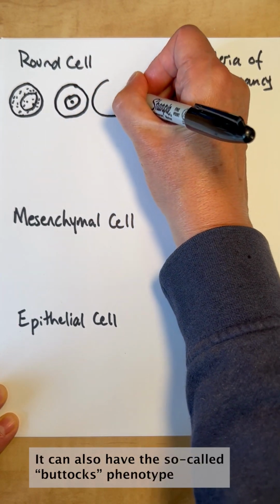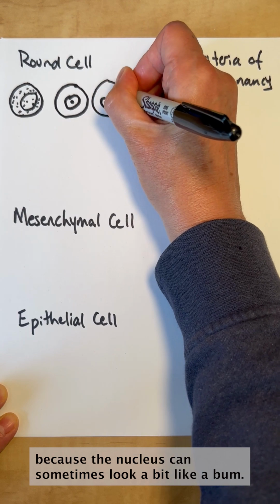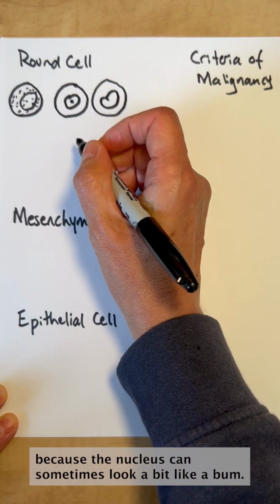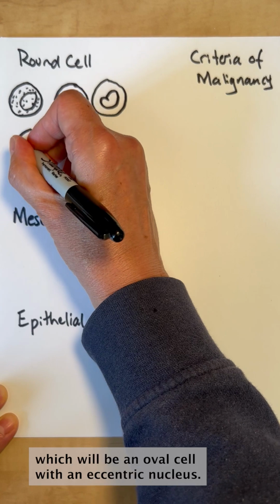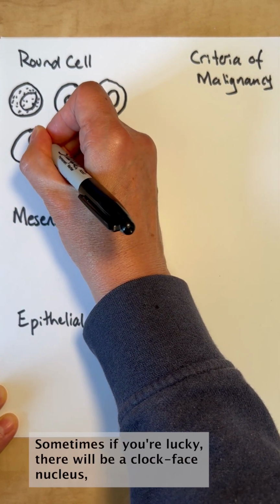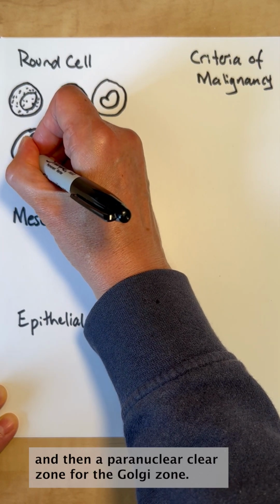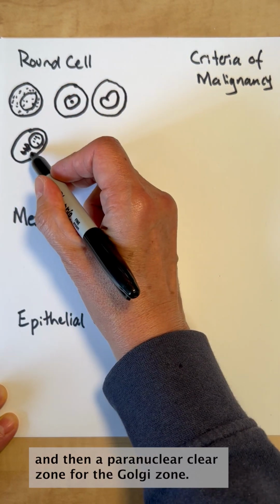It can also have the so-called buttocks phenotype because the nucleus can sometimes look a bit like a bum. And then there's plasmacytoma, which will be an oval cell with an eccentric nucleus. Sometimes, if you're lucky, there will be a clock-face nucleus and then a paranuclear clear zone for the Golgi zone.